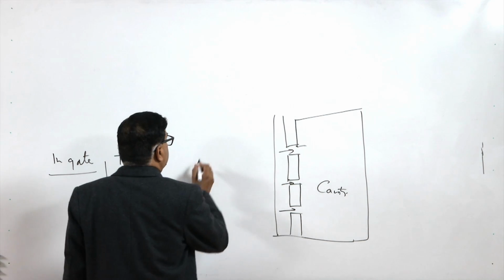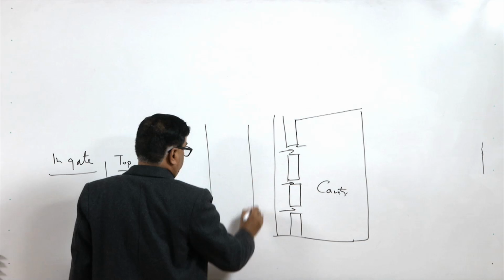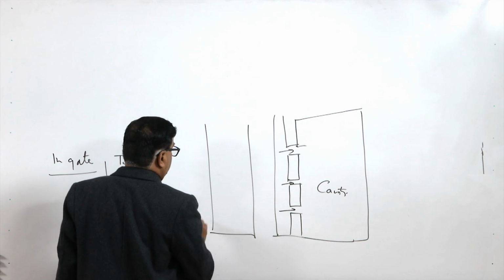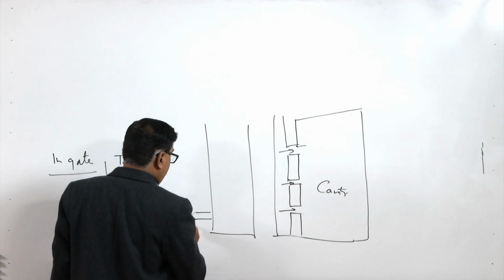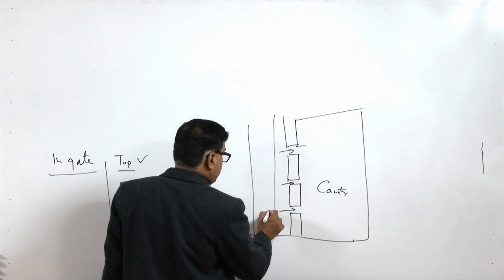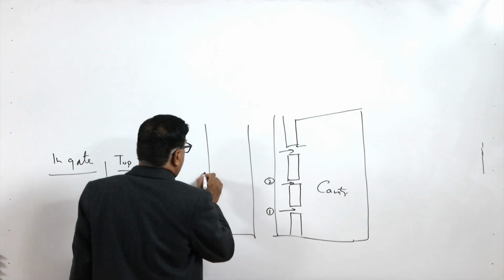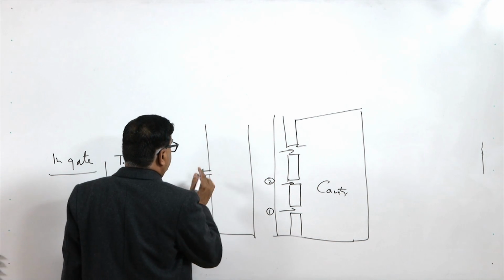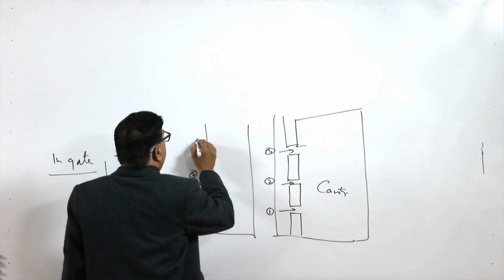And if we see this in front view, then what we try to achieve is this: the feeding starts in the front view. This is gate number 1, which we can see is at the lowermost, gate number 2 is at the middle, and gate number 3 is at the top.